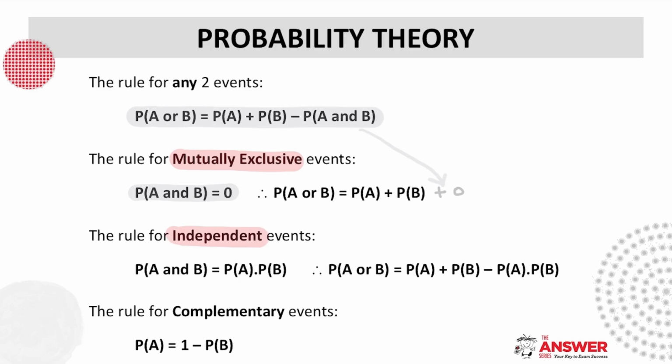Then the rule of independent events, P of A and B equals P of A times P of B. And we can see how this impacts the general rule. And lastly, the rule for complementary events, the probability of one event is 1 minus the probability of the other. You may want to pause the video here for a moment if you would like to make some notes.